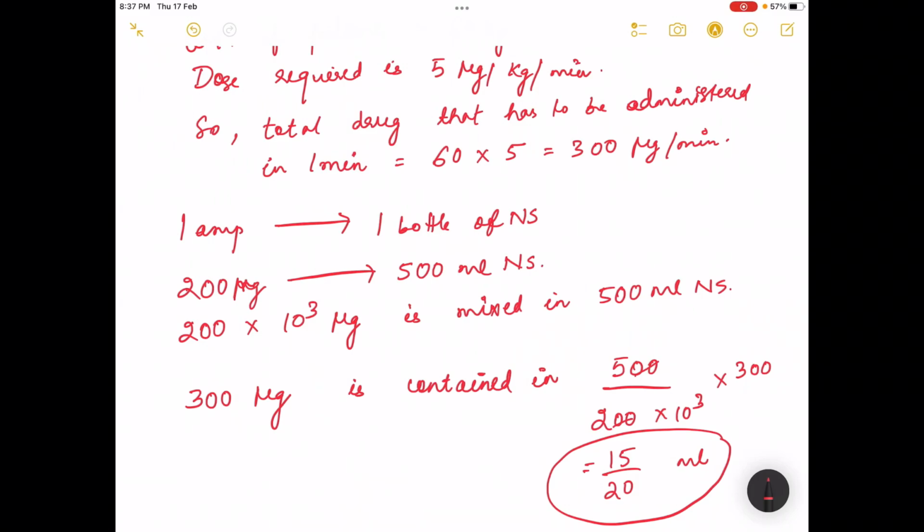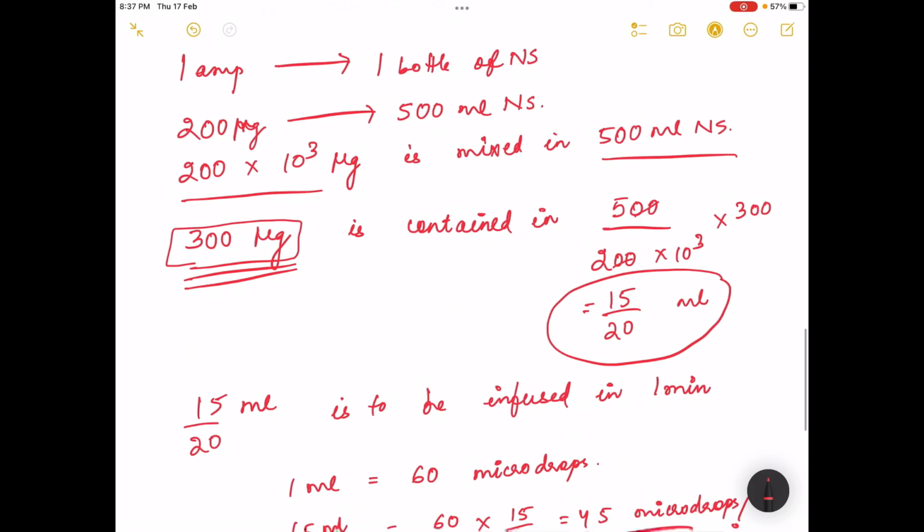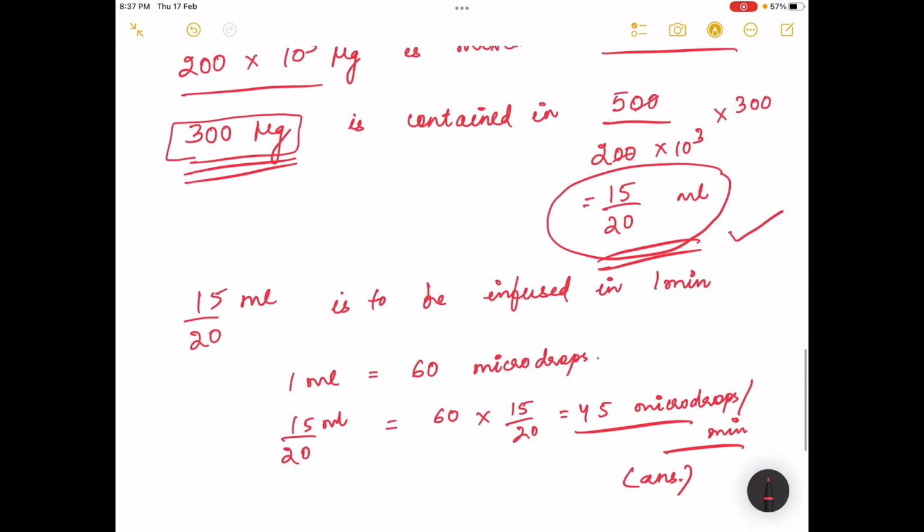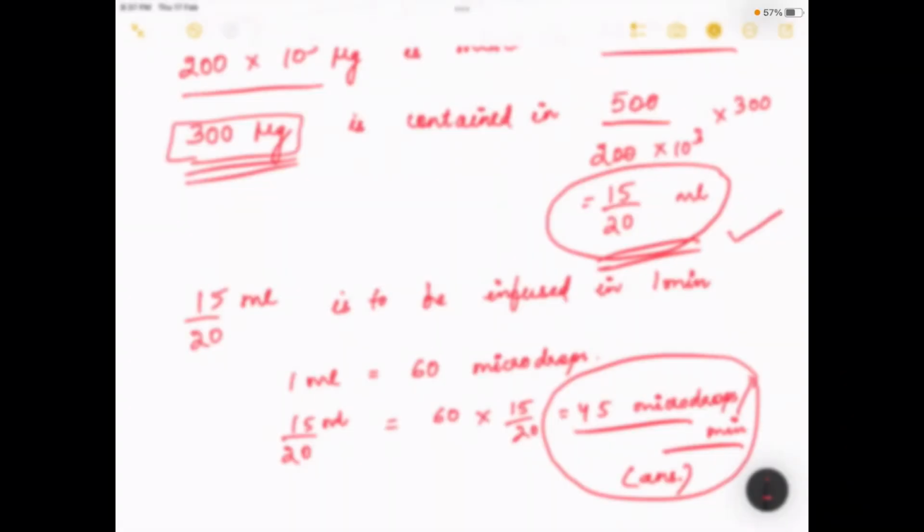So 200 into 10 to the power 3 microgram is mixed in 500 ml NS. So 300 microgram is required per minute. So 300 microgram is contained in how much ml NS? So that is 15 by 20 ml. And this has to be infused in 1 minute. So 1 ml contains 60 microdrops. So 15 by 20 ml will contain how many microdrops? That is the infusion rate. That's all. Thank you.